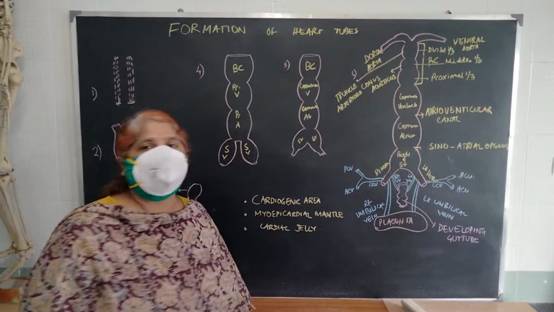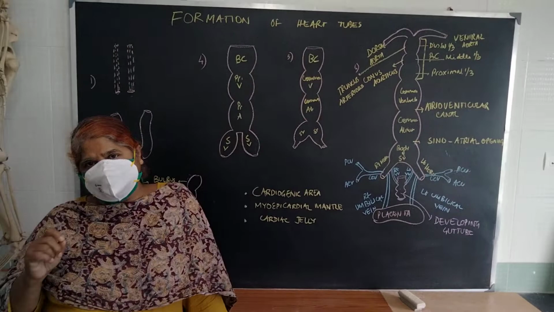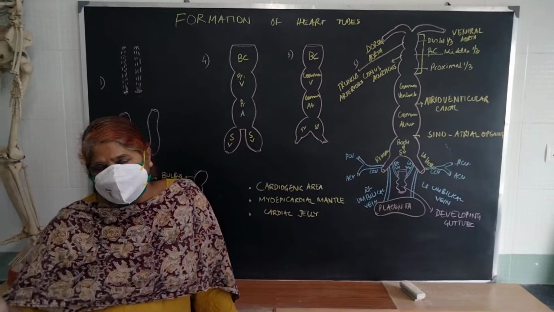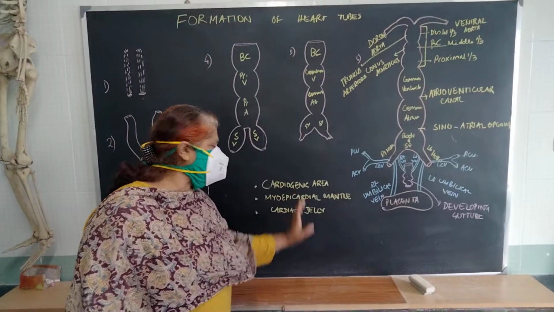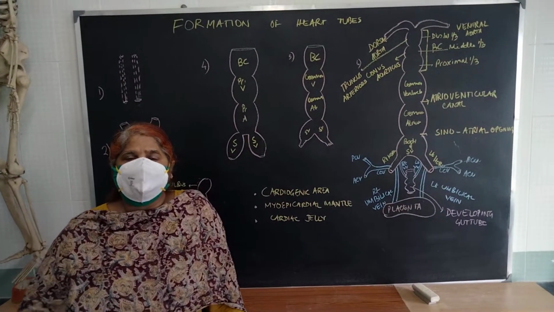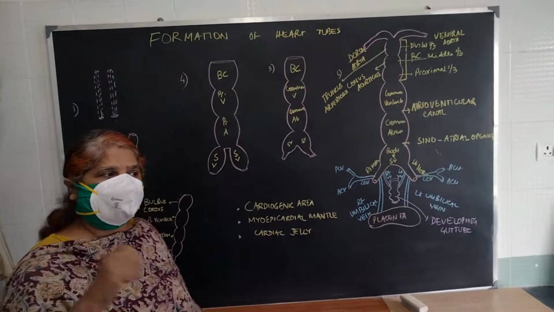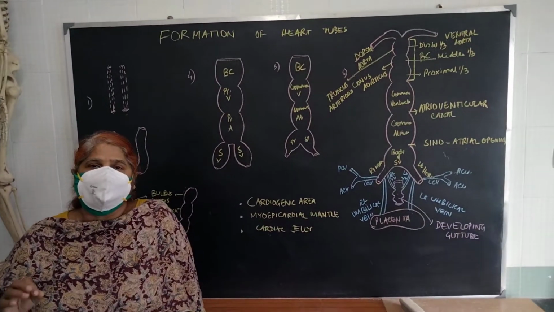What is the myoepicardial membrane? The splanchnic mesoderm of the intraembryonic mesoderm layer that is covering the pericardial cavity will be specialized to become the myoepicardial mantle, forming the myocardium and epicardium of the heart, which I talked about in the last class. And there is one thing called cardiac jelly. What is cardiac jelly?